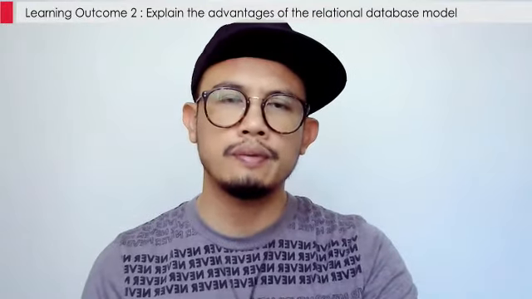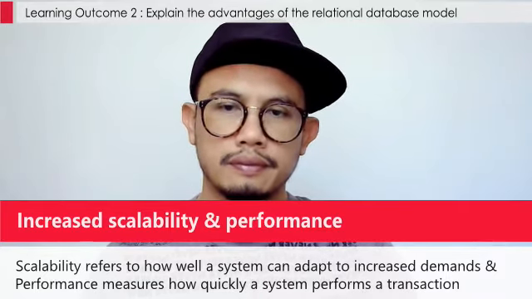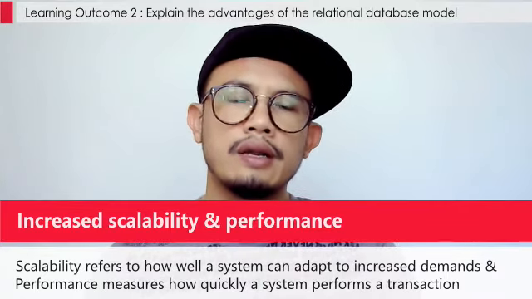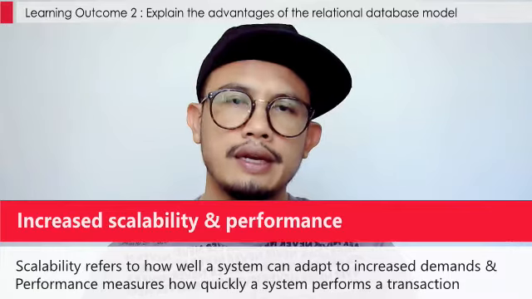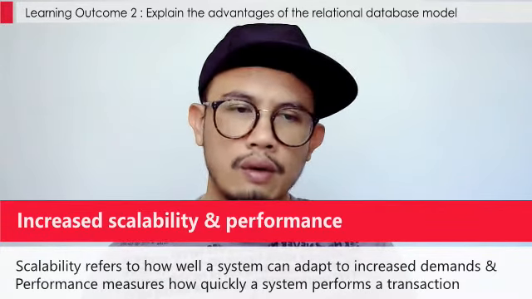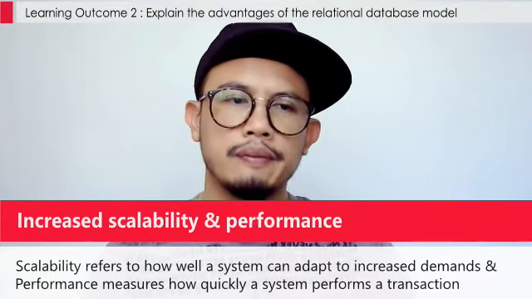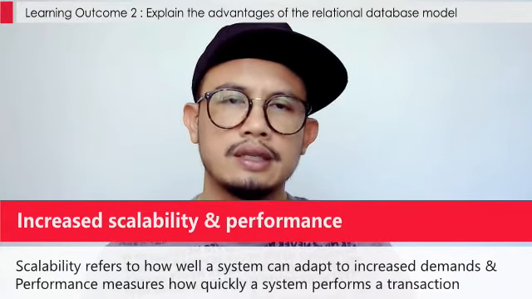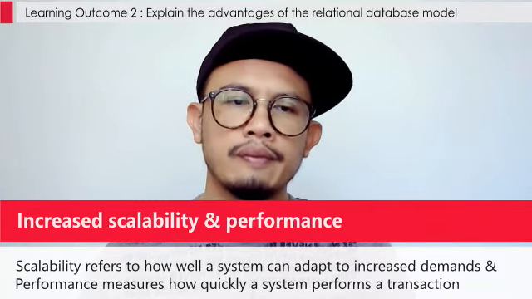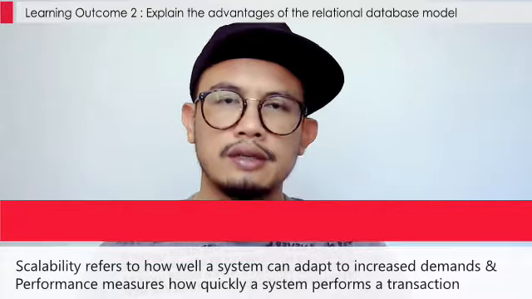Advantage number 2, increased scalability and performance. Scalability means how well the system can adapt to increased demand. Increased demand means how well the system can adapt to the increased information coming into the system. And performance measures how quickly a system can perform a certain process or transaction.